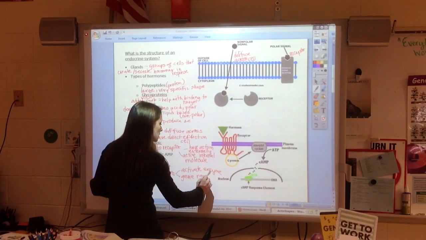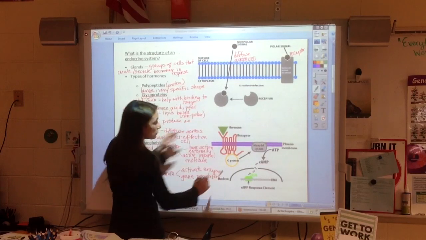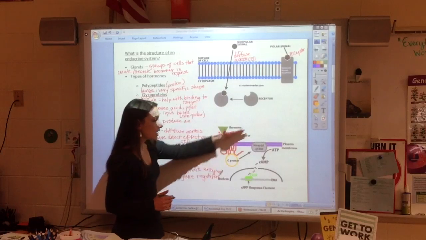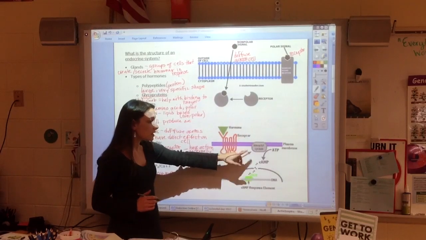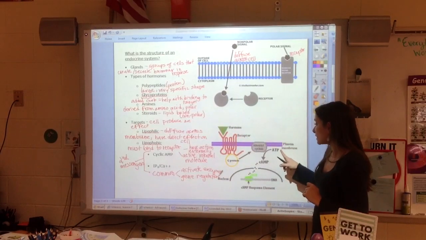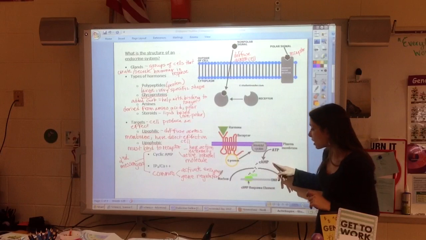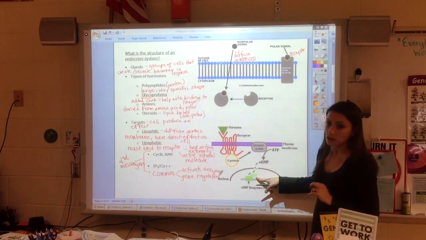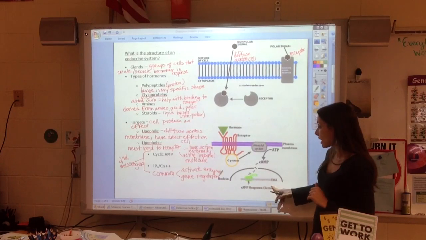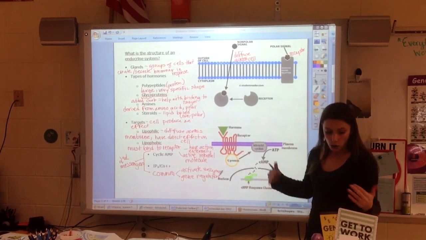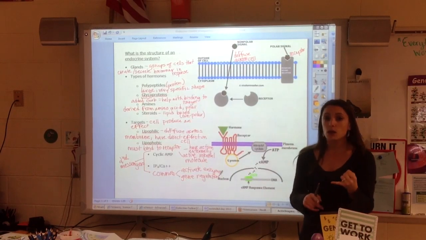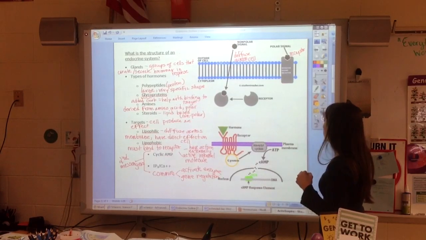And so I really liked this diagram because it shows you the G protein receptor. So the hormone binds to the G protein receptor. The G protein actually activates another protein. Here it's an enzyme called adenyl cyclase, which turns ATP into cyclic AMP. cAMP actually is able to move across to the nucleus and have an effect on a transcription factor, which will allow transcription to either occur or to be limited. So the key here is, what is the hormone and what is its possible action?